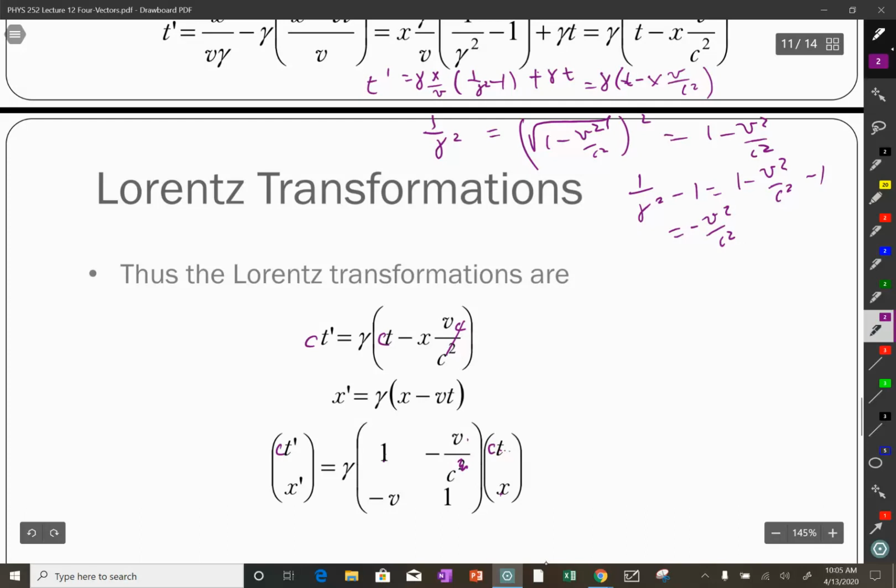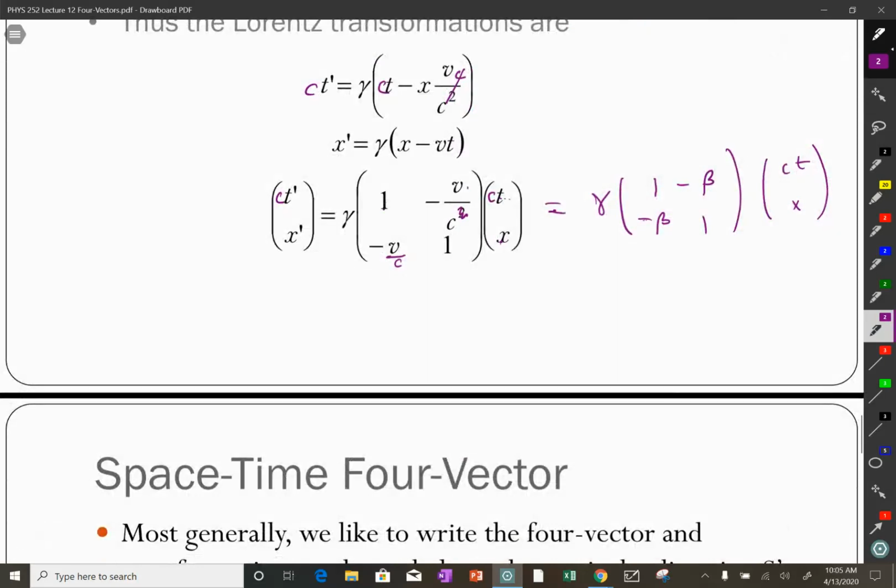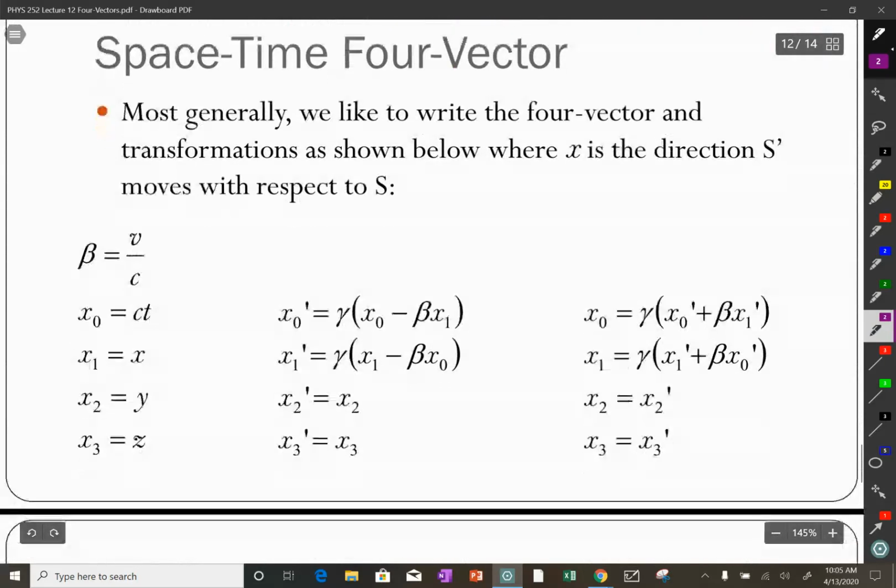And x prime is equal to gamma times minus v over c ct, and then plus x. And so we could write this as gamma times 1 minus beta 1 ct x. And that's usually how we write a Lorentz transform. Right, we use the ct rather than just t.